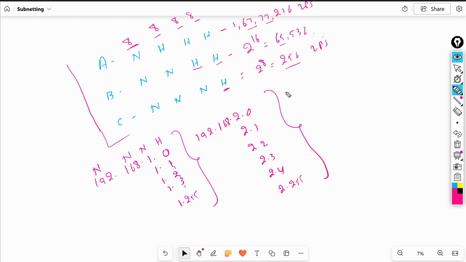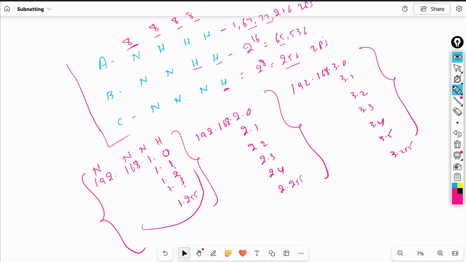I will take one more network, 192.168.3.0, 3.1, 3.2, 3.3, 3.4, 3.5, like that, up to 3.255. This is the third network in class C. So every network provides 256 IPs.